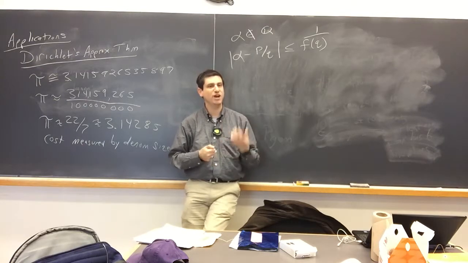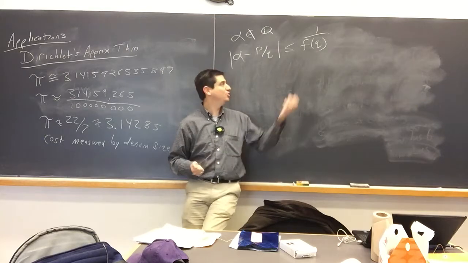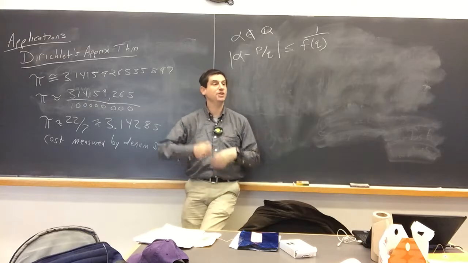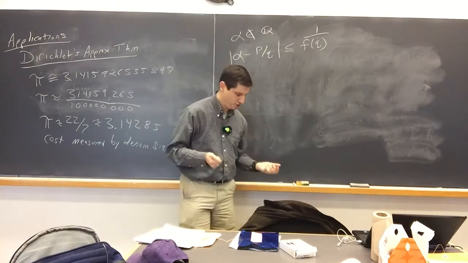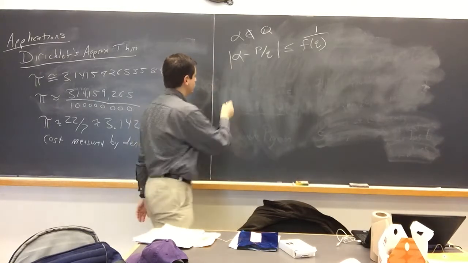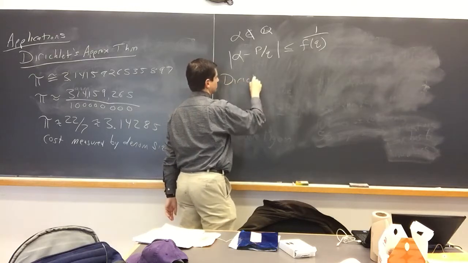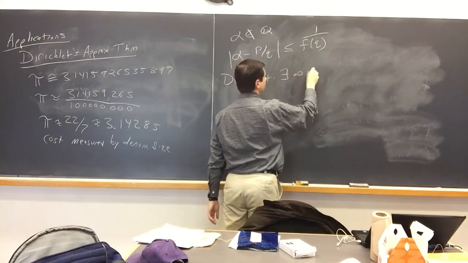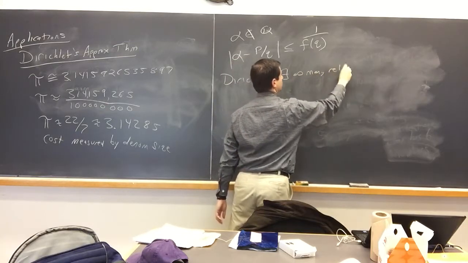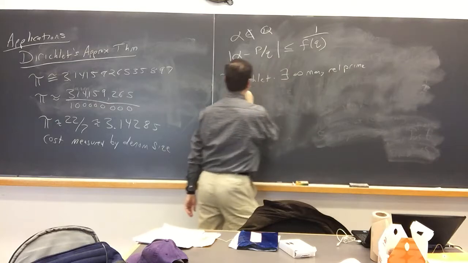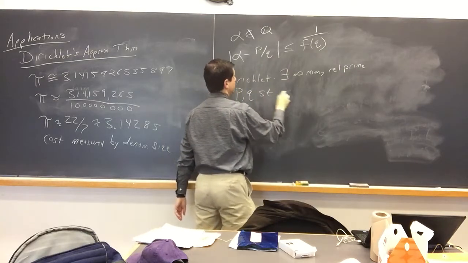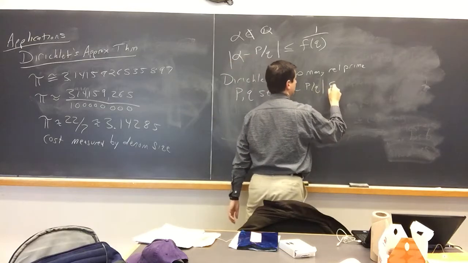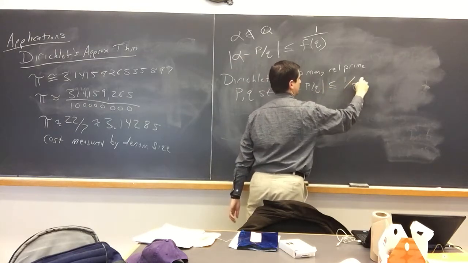If you want to try to approximate rationals by rationals, well, you always want p and q to be relatively prime. There's going to be one perfect choice, and then everything else you can actually estimate exactly how far apart you will be. So what Dirichlet showed, there exists infinitely many relatively prime p and q such that alpha minus p over q is less than or equal to 1 over q squared.